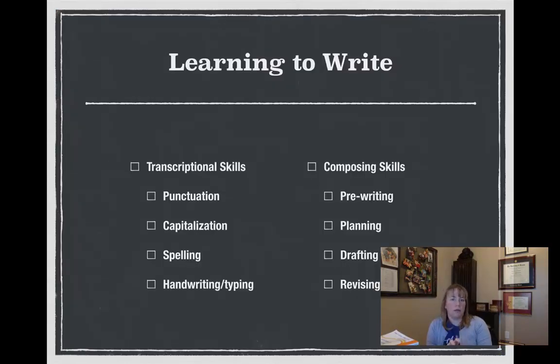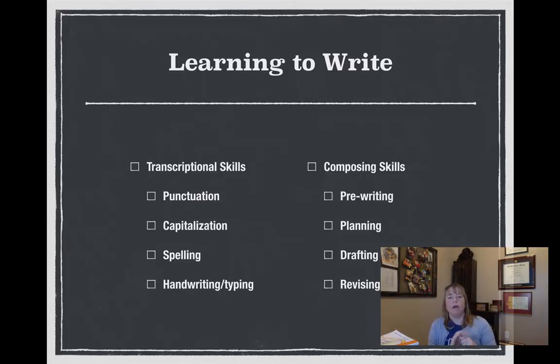So learning to write. Here we're learning two types of skills, composing skills and transcriptional skills. Okay, transcriptional skills, that word always gets me, are things like punctuation, capitalization, spelling, handwriting, or if you have a student that struggles with handwriting, typing.